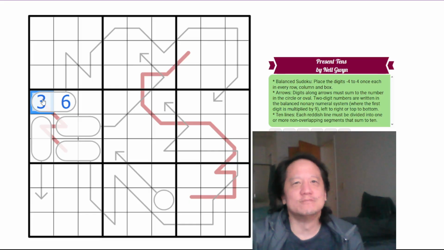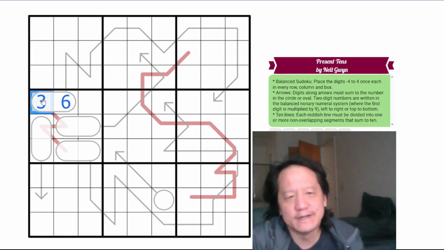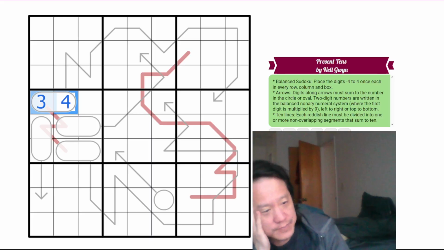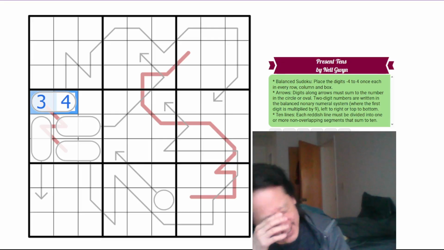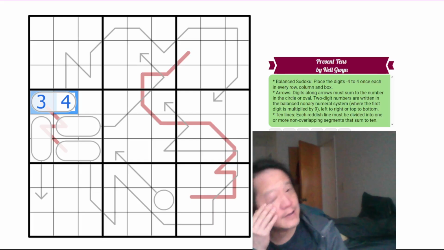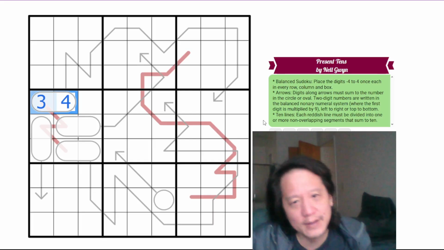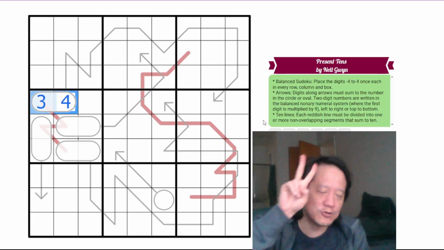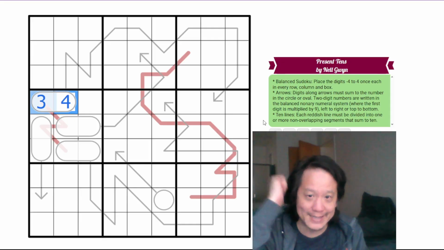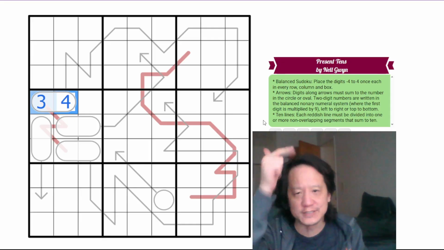Oh, that's weird. Oh, you can't have a 6. So say it's -3 to 4. Then it would be -27 plus 4, which would be -23. So this is not your typical two-digit number. It's basically the first digit is multiplied by 9, and then you add it to the second digit.